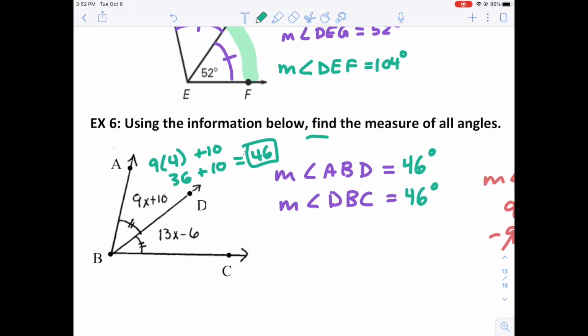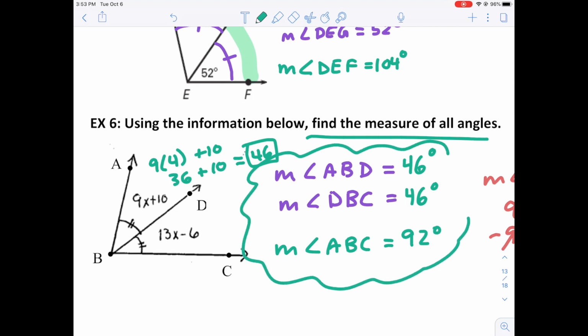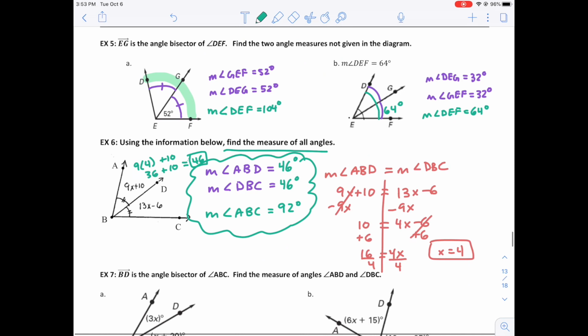And then it says of all the angles, so I would also probably want to do the total measure, which is the measure of angle ABC. And it's going to be both of these added together, so 92 degrees. So again, we set up an equation so that we could solve for x, and then I was able to find the measure of the two parts of the bigger angle and then the measure of the bigger angle itself.